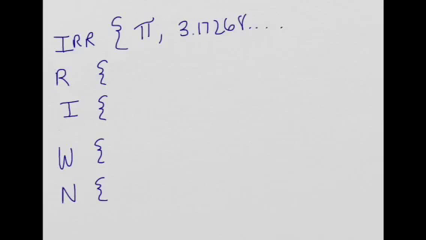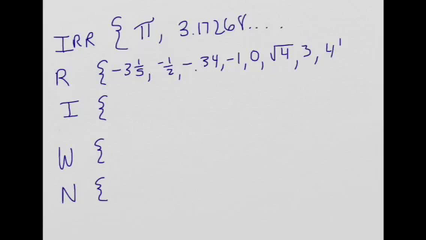Rational numbers would be things like -3 1/5, -1/2, -0.34, -1, 0, the square root of 4, which is actually 2, 3, 4 1/3, 3^-2. Those are all examples of rational numbers.